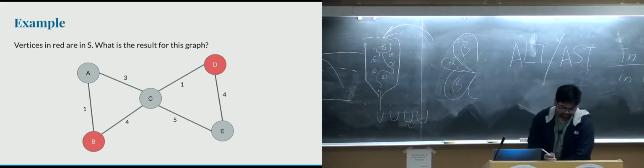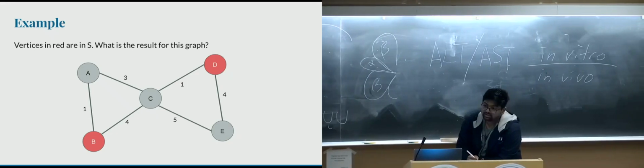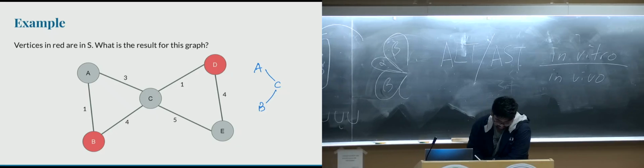So let's see what a valid such spanning tree would be. I'm going to create an example which might not be an MST. One such example could be this: A, C, B, and then D, E. This is a spanning tree, and it also satisfies the property that B and D are the leaf nodes.